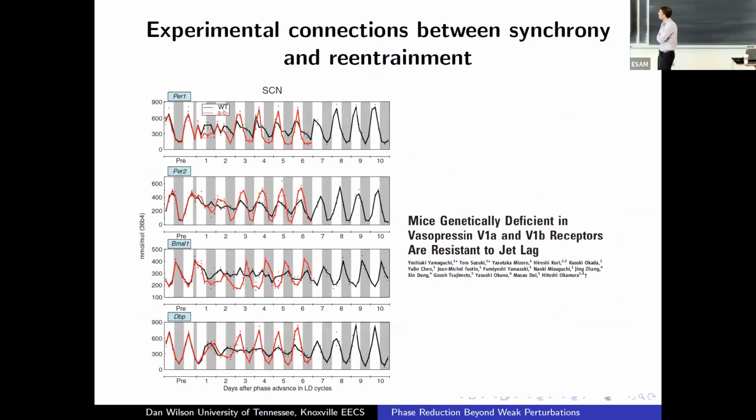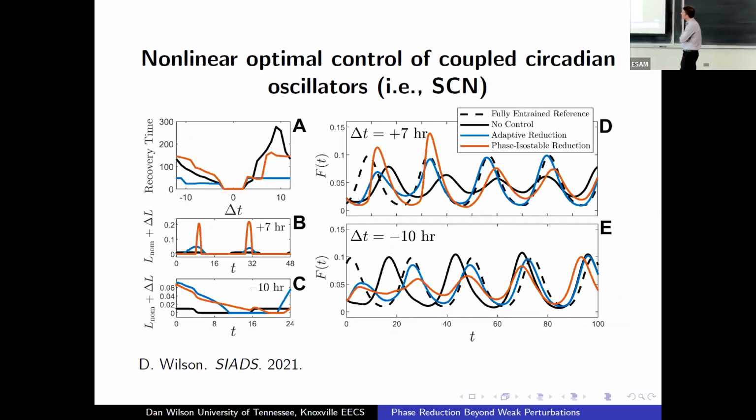From a biological interpretation, if you take a look at some of these recovery times, for this slide over here, thinking about, again, I travel across the world. I have a 10-hour time advance. That's going to be kind of a rough time recovering from that jet lag. It's going to take me quite a long time.